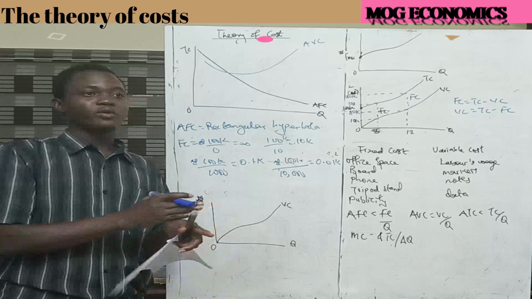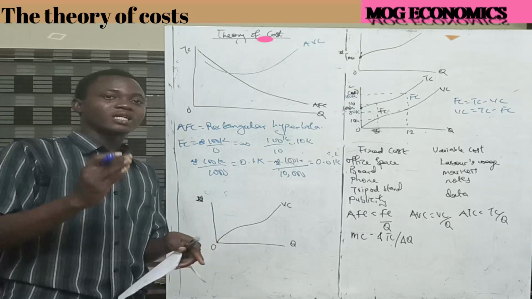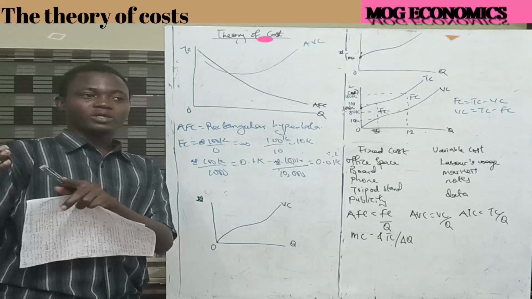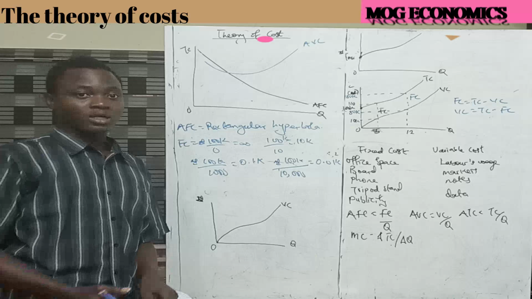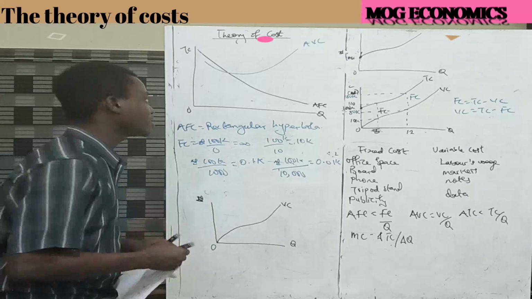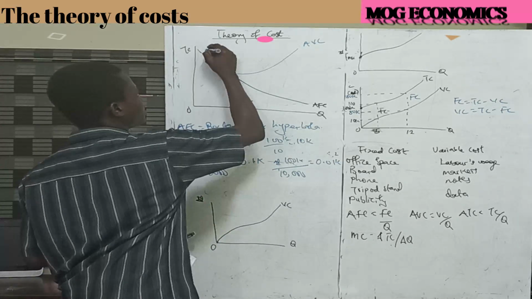It falls to its lowest point, then begins to rise. That's when you are beginning to use up most of the capacity of the company. And then you now have the average total cost curve.